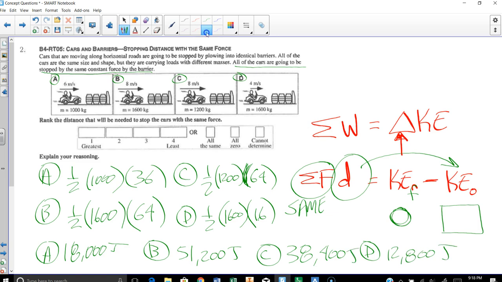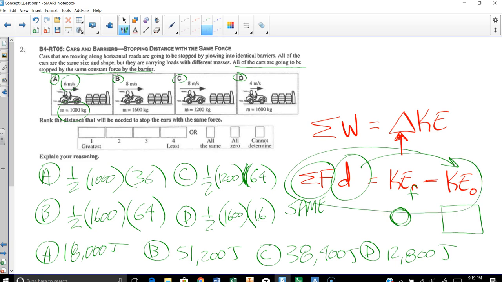Here's the thing. Somebody that doesn't quite grasp everything about this problem is going to look at it, see velocity, see mass, find the kinetic energies, and could very well say, I guess I'll just go with the one with the biggest kinetic energy. And they would be right. But they wouldn't understand all the implications of what's going on here, because there's a lot more to it than that.